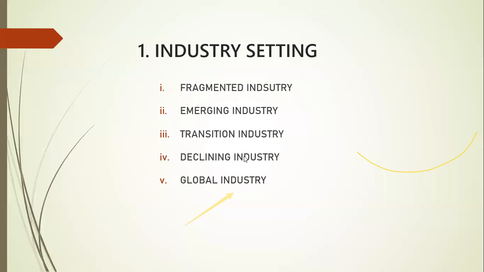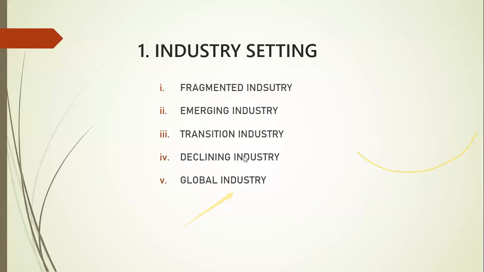The next is the transition industry. Those particular industries or products which have already been introduced, people already know about them, and people are slowly trying to use them. People are making use of these applications. In India, e-commerce is a transition industry. In 2010-2012, e-commerce was an emerging industry.